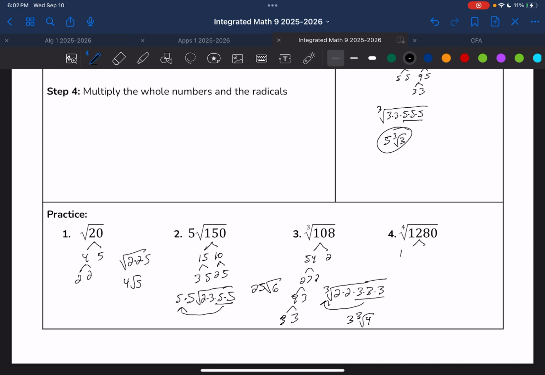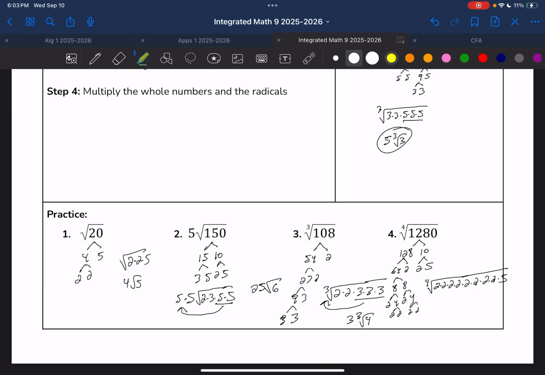Then we can do the same thing over here. 128 and 10, which becomes 2 and 5. 64 and 2, 8 and 8, 2 and 4, 2 and 4, 2 and 2, 2 and 2. Means this is going to be the fourth root of 2 times 2 times 2 times 2 times 2 times 2 times 2 times 2 times 5.